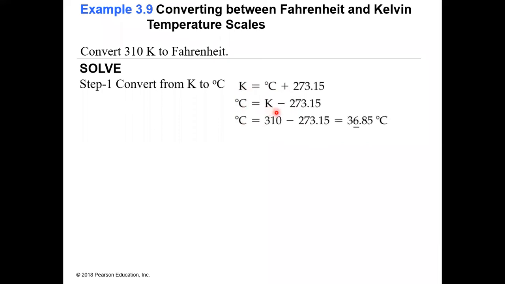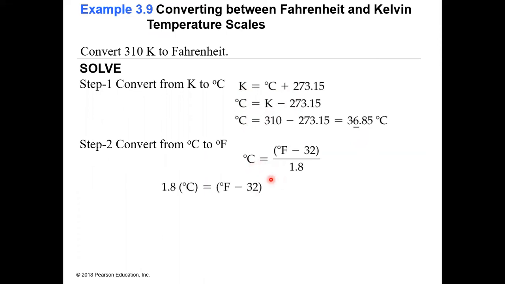Now you can substitute K by 310 and get 36.85. Now you are ready to use this equation to get the Fahrenheit. Again, you can plug this number in and solve for the Fahrenheit, or solve for the Fahrenheit first and then plug in. That's what we did here.